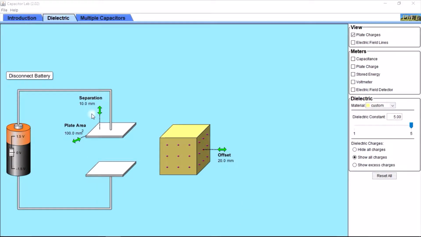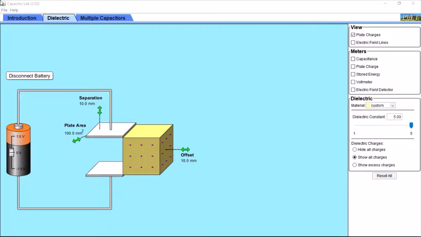Let's have a look at this simple capacitor, which consists of two plates separated by a distance and having a dielectric material between them. The dielectric material could be a custom-made material, Teflon, paper, glass, mica, or even ceramic.